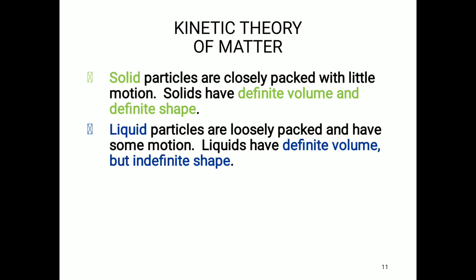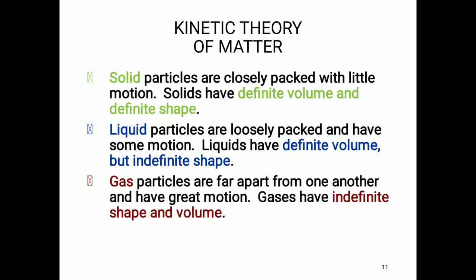But solids have definite volume and definite shape. Gaseous particles are far apart from one another and have great motion. Gases have indefinite shape and indefinite volume. So gases have both indefinite shape and volume, and their particles are very far from each other and have great motion, higher motion among solid, liquid and gas.